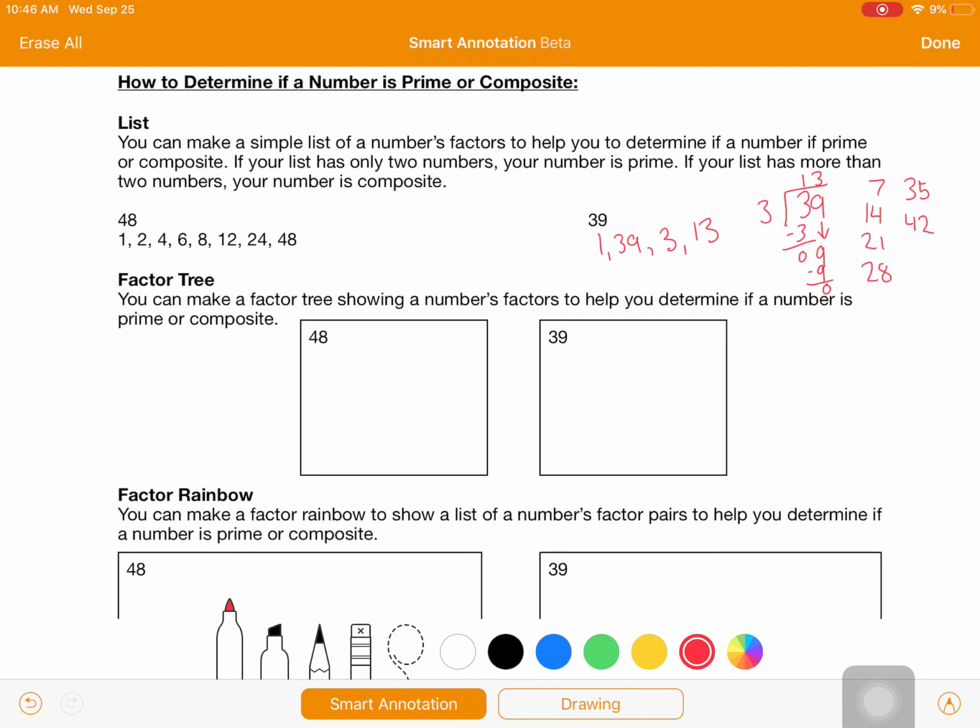So 7 is not a factor of 39. 39 could not be divided by 11 equally because 11, 22, 33, 44. So 39 gets skipped right past. So I believe the only factors of 39 are 1 and 39 and 3 and 13. So a list can help us determine. Because both 48 and 39 have more than two factors, both of those numbers are composite.